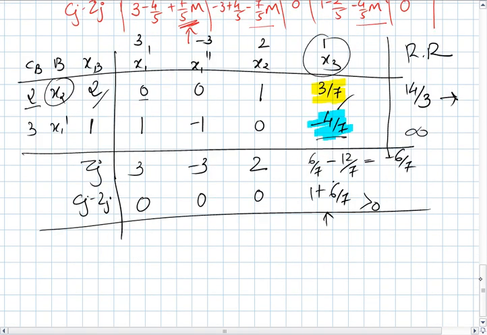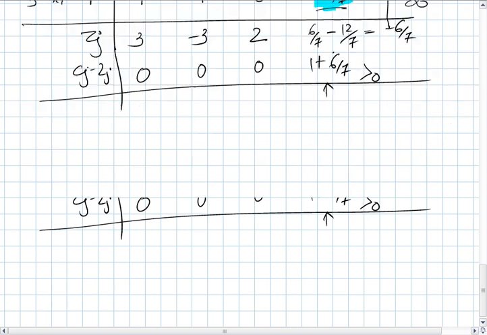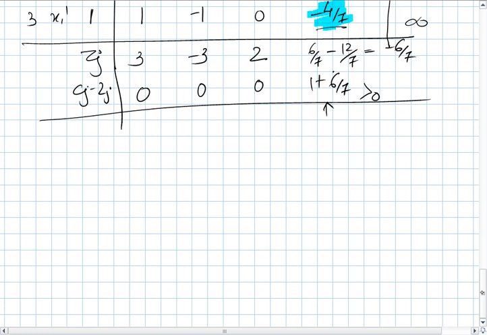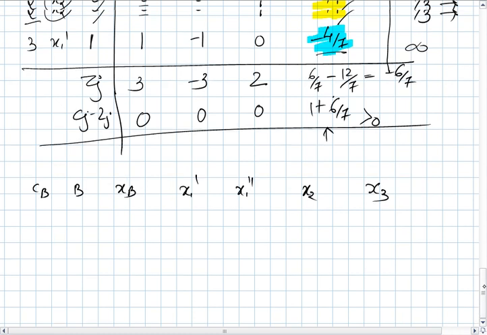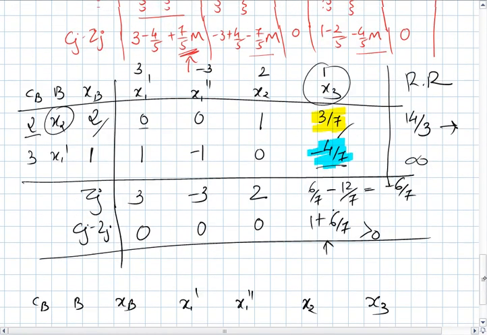Okay, so for doing that again we have to make a table. So let me write CB, B, XB, X1 dash, X1 double dash, X2 and X3. The coefficients are 3, minus 3, 2, 1.